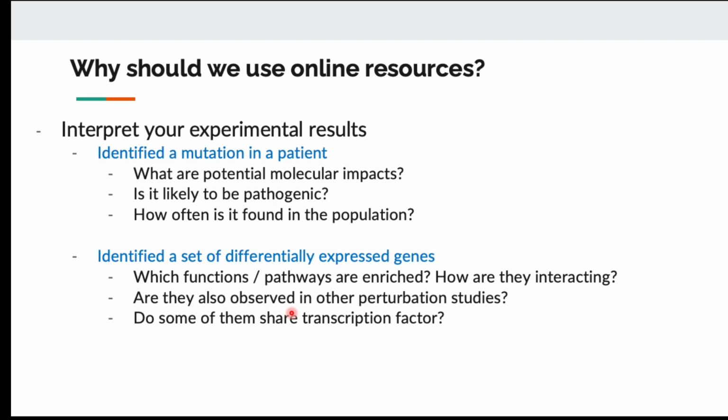We might want to know if other people already studied the same gene. Like if someone already perturbed these genes, maybe with a certain compound or drug, or if people found that these genes are implicated in a different disease. That information can help you formulate the biological idea about what this gene does. And you might want to know if these genes share transcription factors, so they are potentially co-regulated together.